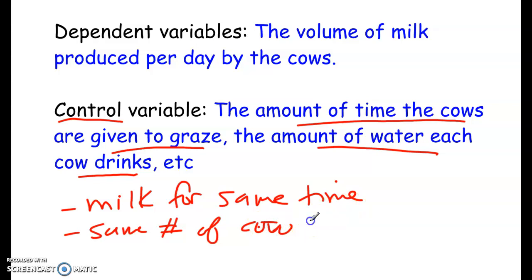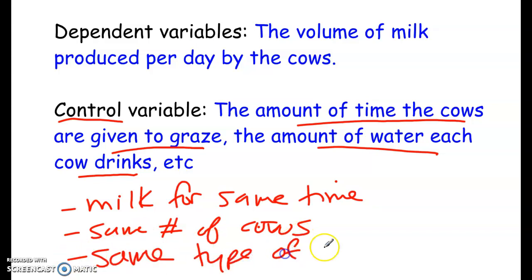Maybe you have 10 cows eating grass A, 10 cows eating grass B, 10 cows eating grass C. You want to make sure you have the same number. Also, the same type of cow, same species of cow. You don't want some cows being, let's say, Jersey cows and some being, I don't actually know another type of cow, but there are many different species of cows, trust me.